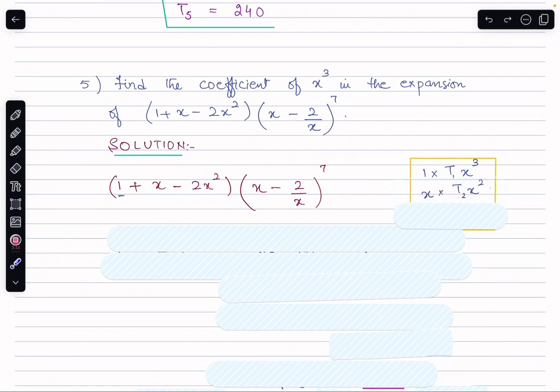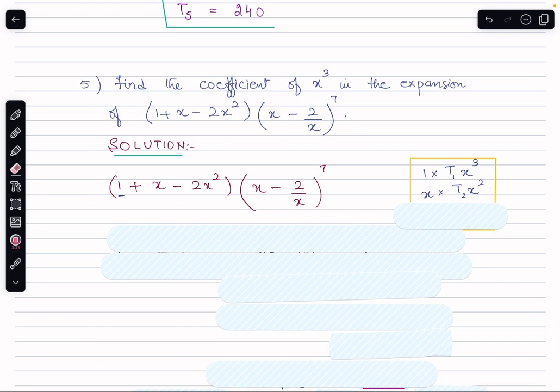Then what I can see here is that if this x gets multiplied by a term in the expansion of x minus 2 by x to the power 7 with the power as x square, only then I will be getting an x cube here.